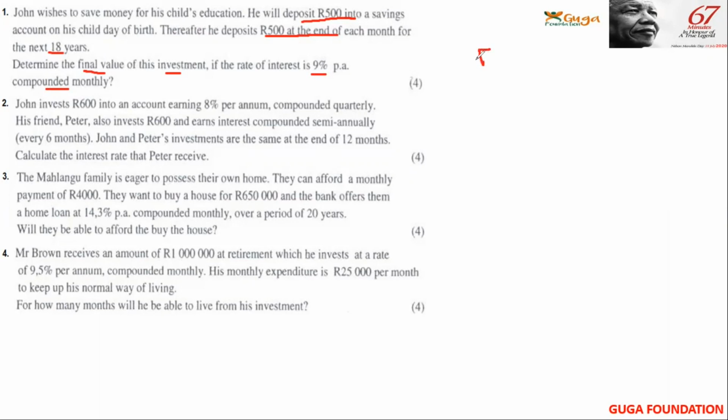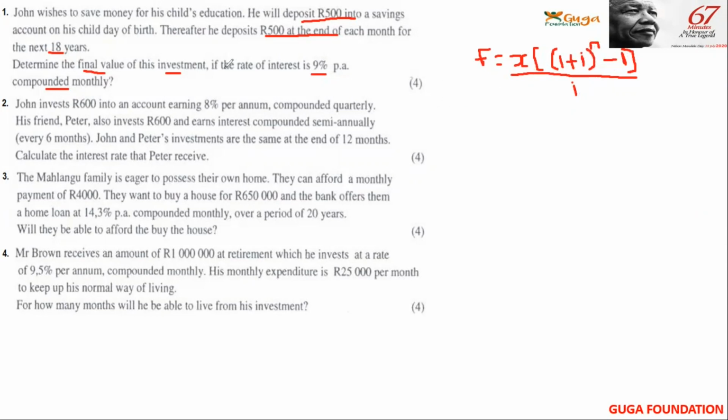F is equal to X into bracket 1 plus i to the power n minus 1, over i. X is the monthly installment, n is the number of periods, and i is the interest rate.